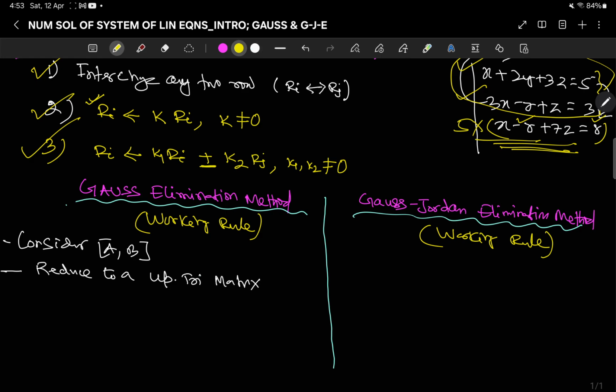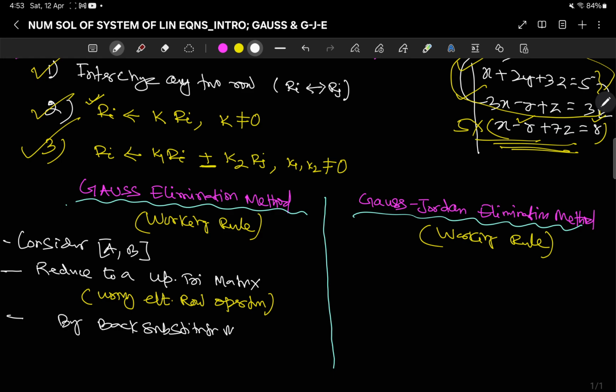How do we reduce it? By using elementary row operations. Then by the back substitution method, find the solution.